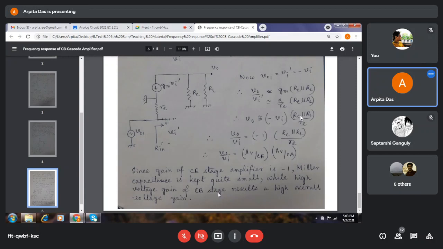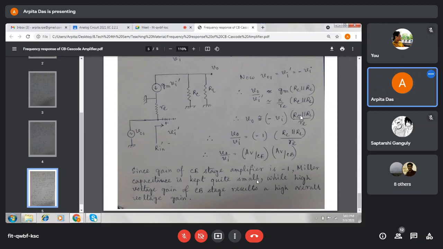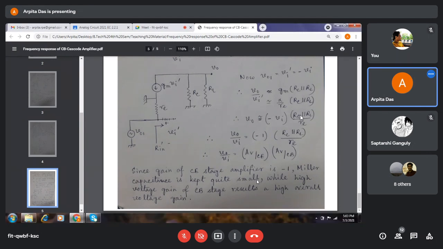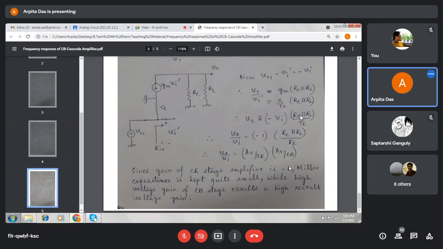But here, in the composite structure, the upper 3 dB frequency is not very low compared to the cascade amplifier. Rather, it is much higher, since the CD stage amplifier doesn't provide the Miller capacitance, and the CD stage always provides the higher bandwidth. So the overall bandwidth is very much higher compared to the cascade amplifier.